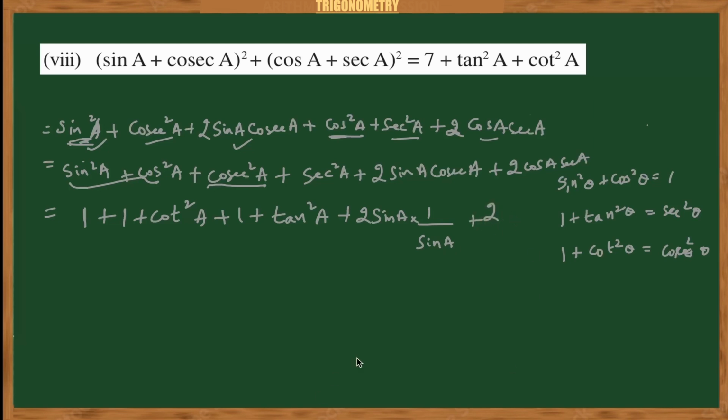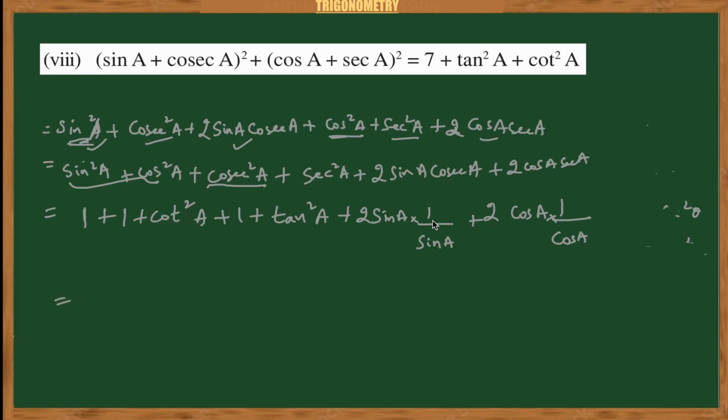Let me erase this. 2 cos a. Secant can be written as 1 by cos a, so that we can come nearby to the right hand side.